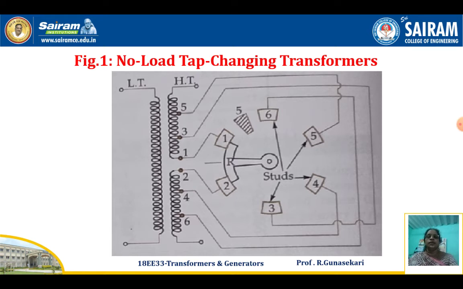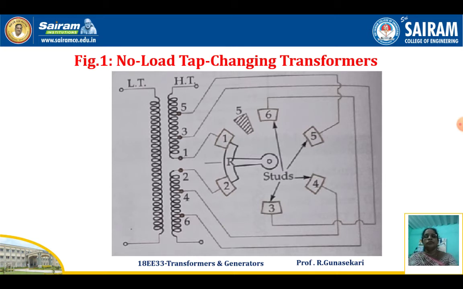Now you see the LT winding and HT winding. 1, 3, 5 are the odd numbers, 2, 4, 6 are the even numbers. Here 6 studs are there. R is the rotating arm.